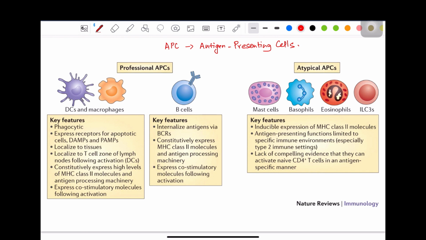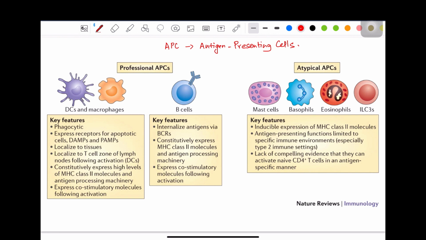So suppose they engulf this antigen, then they can chop off the antigen and present a part of this antigen on their surface so that it can be recognized by some other cells which will initiate the immune reaction, right? So there are several functions of these cells.